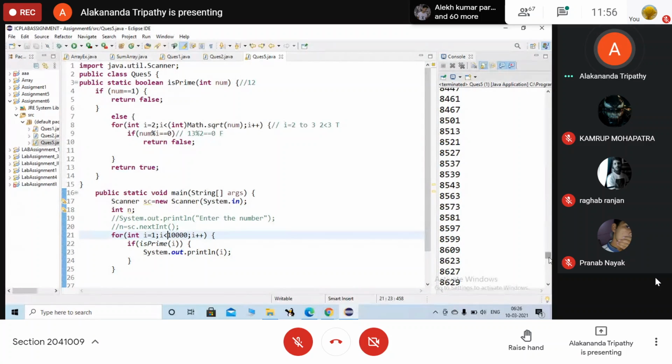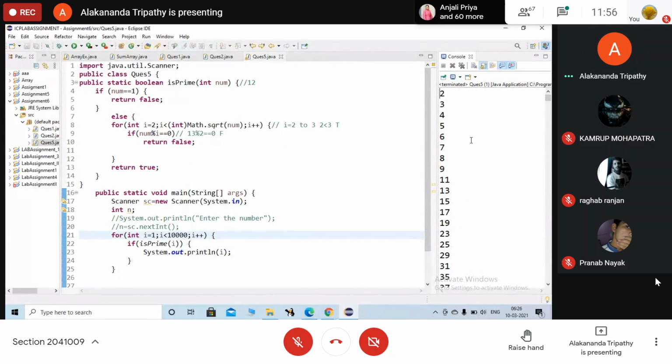Just a minute. So this is sqrt of 2. Okay.